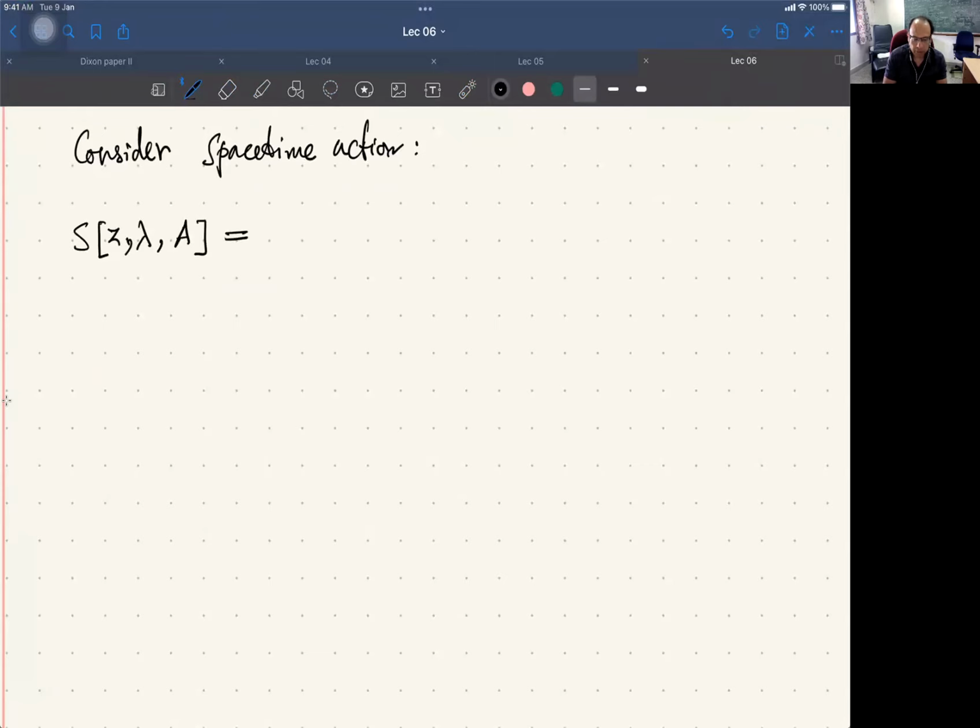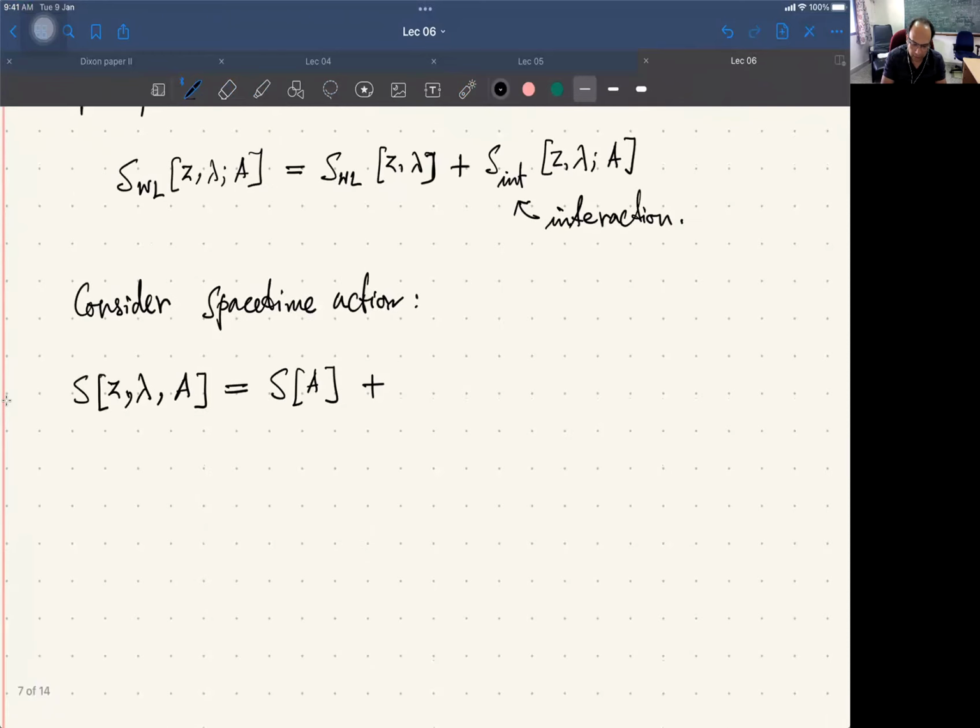The space-time action will have a part which describes the dynamics of the Maxwell fields, that is the action corresponding to A, such that the equations of motion coming from S_A are Maxwell's equations, and then the action for the particle, which is of course supported only over the line.